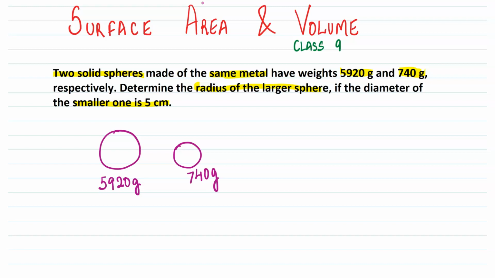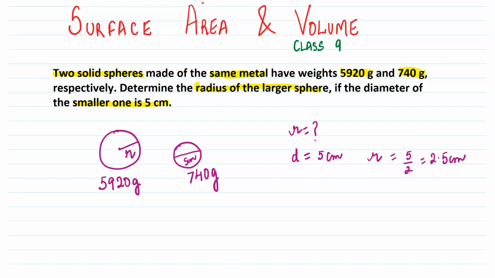We have to figure out the radius of the larger one, and the diameter of the smaller one is 5 centimeters. So we have to figure out R, and we have been given D of the smaller one as 5 centimeters. So we can figure out r. r will be 5 by 2, that is 2.5 centimeters.